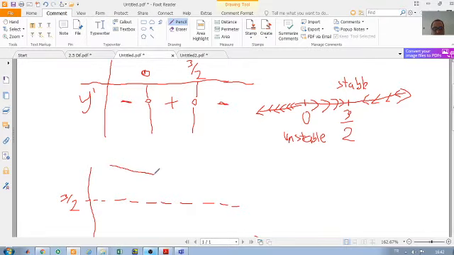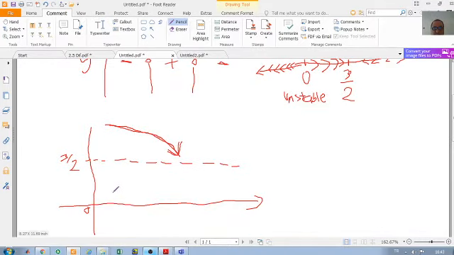we have negative slopes, which means the curves will be in this form to get negative slopes for the tangent lines. Okay, and between 0 and 3 over 2 we have positive slopes, therefore the solution curves will be in this form.